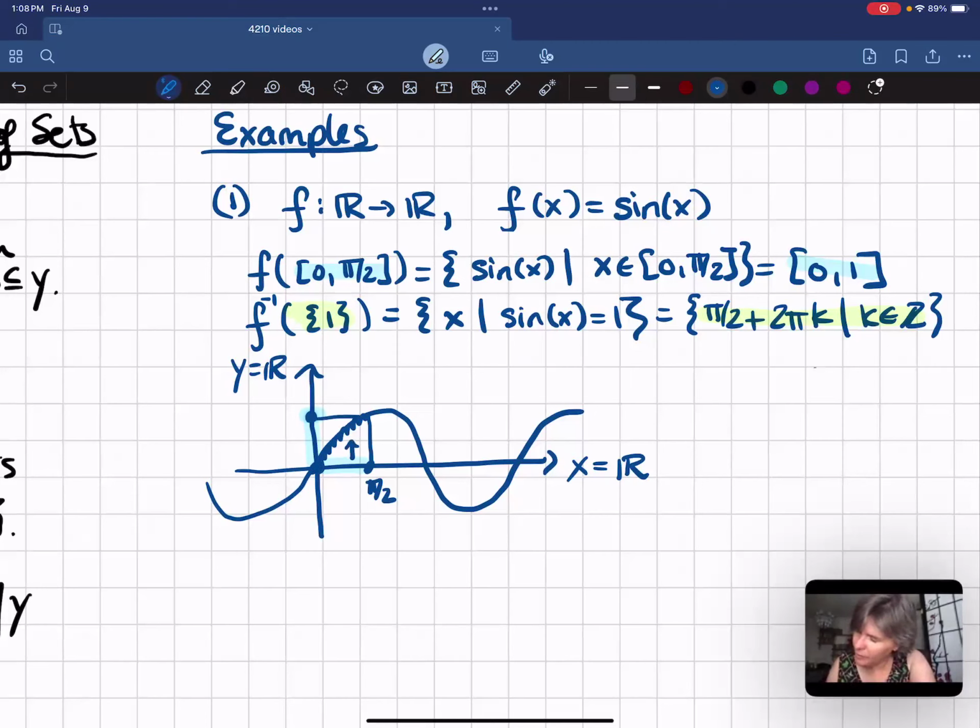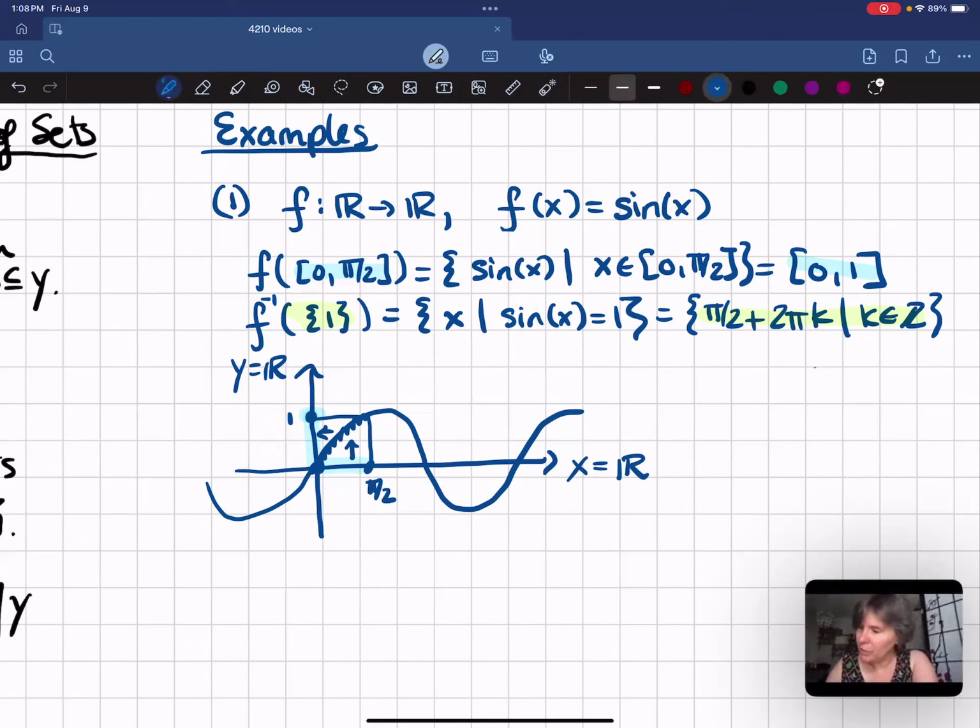So when I take the image of a function that's graphed on the xy plane, taking the image basically means taking the set on the horizontal axis, going up to the graph, and then going over to the vertical axis. And then the vertical axis is what we output. And so we can see here, this 0 to pi over 2 is the A that we're looking at, and then f of A is 0 to 1.